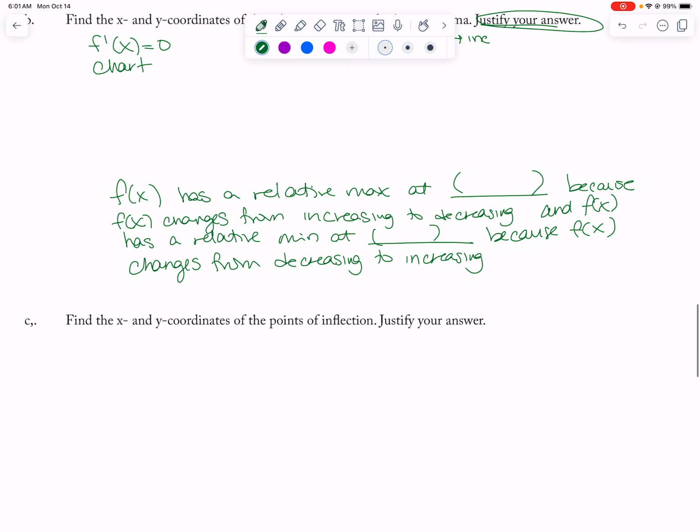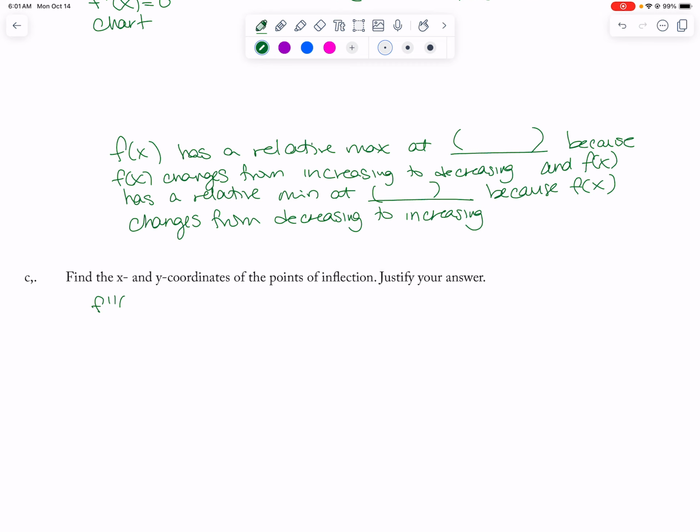Okay. Points of inflection, I'd want f double prime of x equal to 0. I want the chart with f double prime, not f prime.